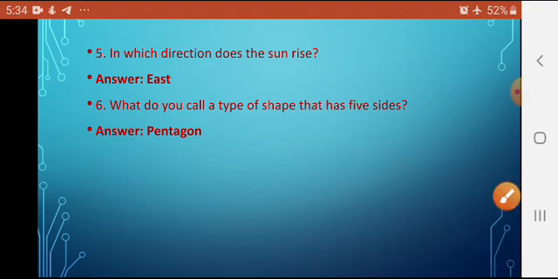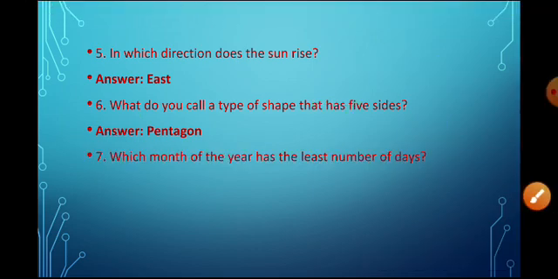Okay. Now next question. Which month of the year has the least number of days? It means which month of any year has the minimum number of days? As you know, there is only one month which has the minimum number of days, and that is February.